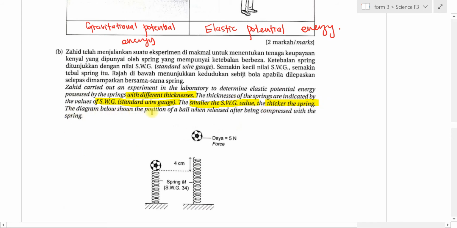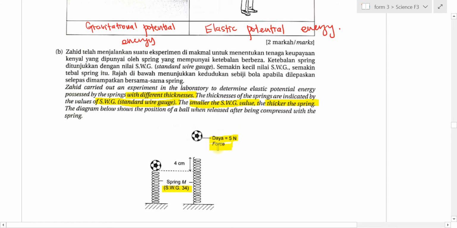The diagram below shows the position of a ball when released after being compressed by the spring. So you compress this ball and then you release it, extended until 4 centimeter when you are using SWG 34, and the force was measured to be 5 Newton.